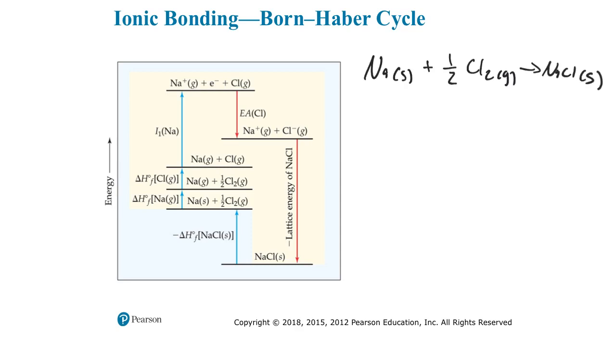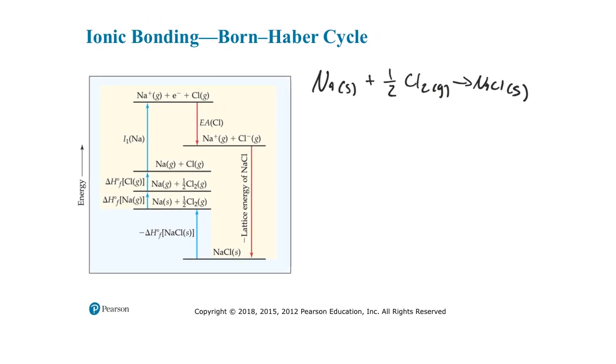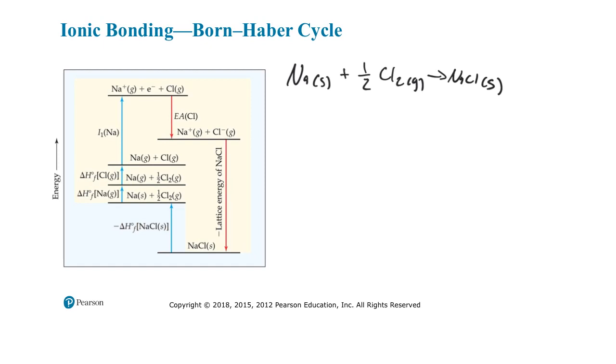That reaction is the definition of the enthalpy of formation reaction from chapter 5, and it has a delta H of about minus 410. So it's approximately minus 410 kJ per mole. So now, why is this negative?